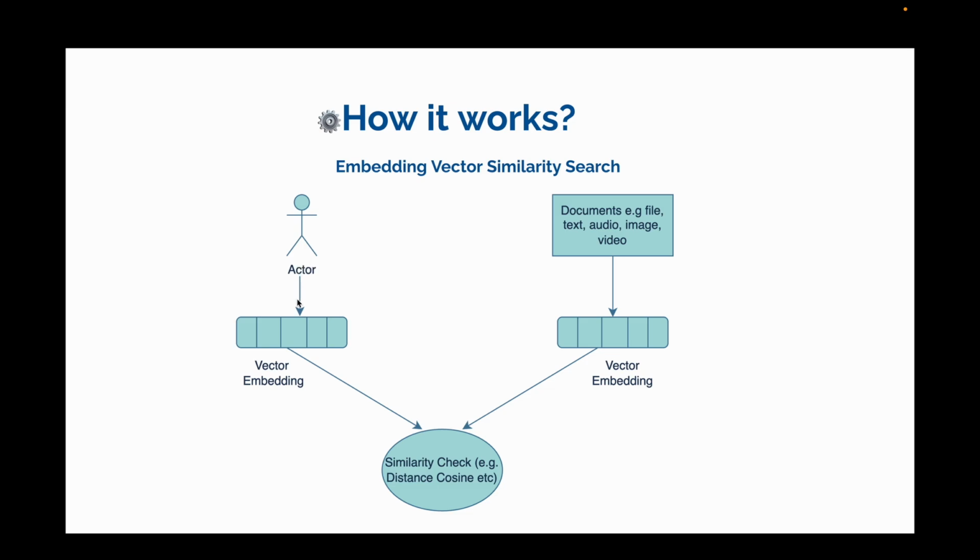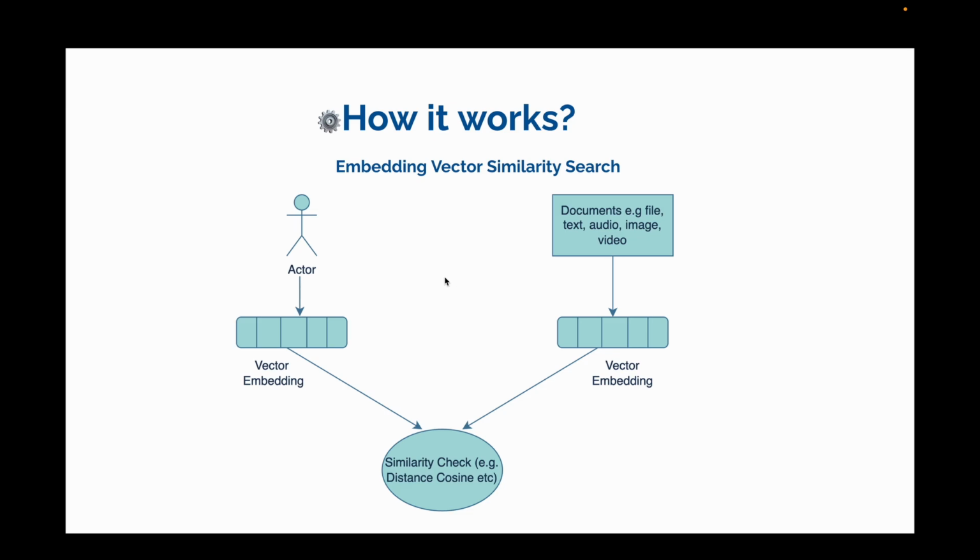Then it does a similarity check between your knowledge vectors and your query vector. It can do this using cosine distance or Euclidean distance or any other algorithm. It calculates the distance between your query vector and your knowledge vectors and retrieves the most relevant context for you before passing it to the LLM. So this is how the embedding vector similarity search works.